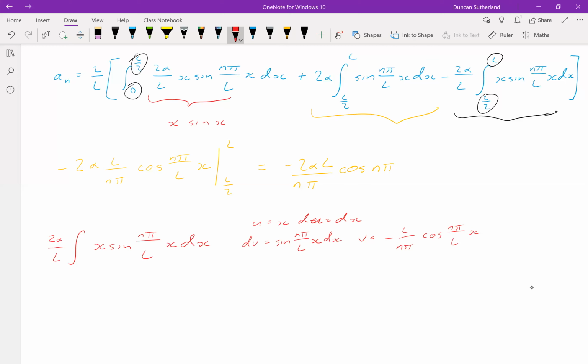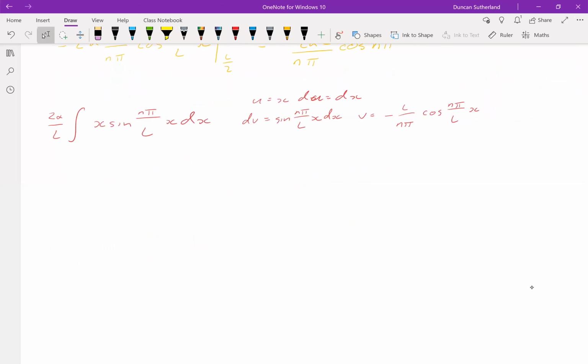All right, so now we stick this in: uv minus the integral of v du. So du is just dx, and with the minus, that's going to become a plus L on n pi cosine.